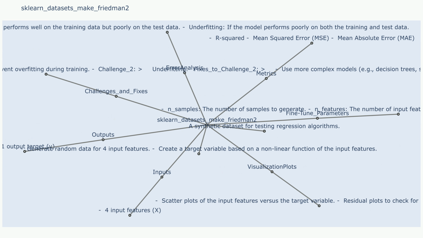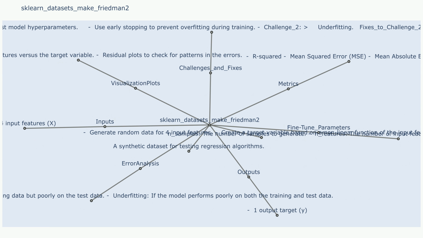R-squared, a measure of how well the model explains the variance in the target variable. It is commonly used to evaluate the performance of regression models. Mean squared error, MSE, a measure of the average squared difference between the predicted and actual values. It is a common metric for evaluating regression models.